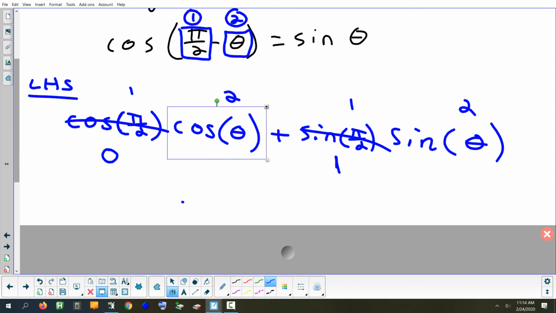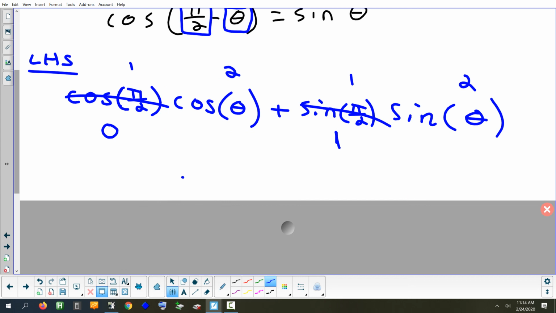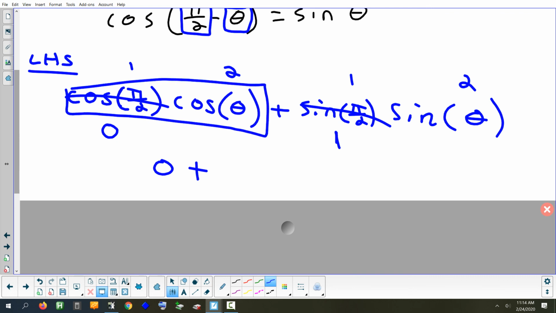What's 0 times cosine theta? 0. So this whole first part that I just put a box around, it's 0 times cosine. It just turns into 0. Okay? So all we have there is 0 plus 1 times sine.